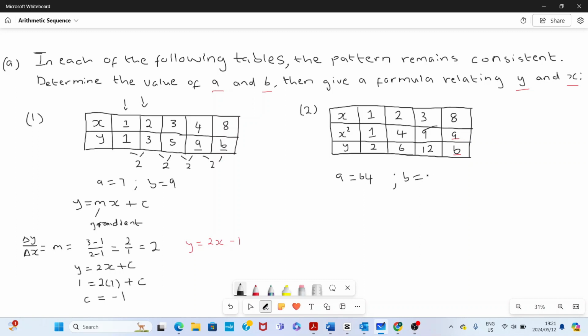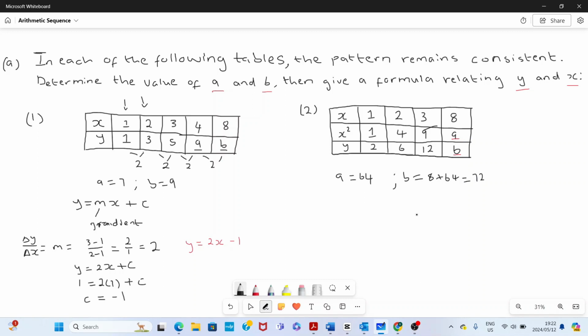That would be 72. Yeah, it should be 72. So our b is 72.